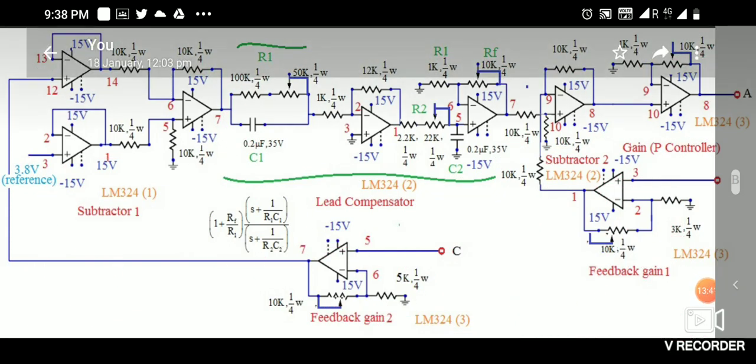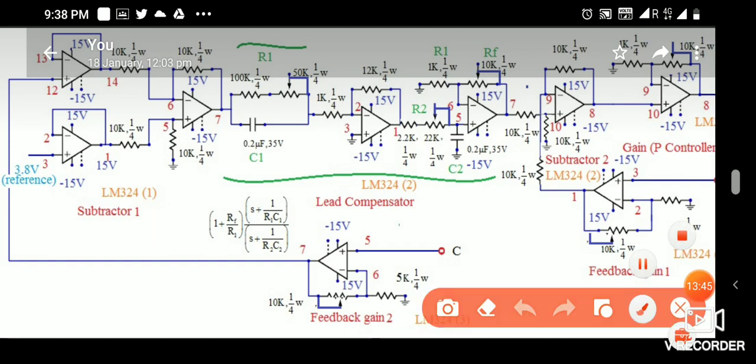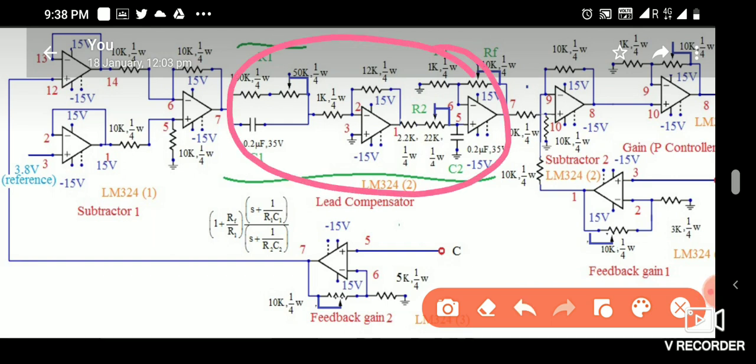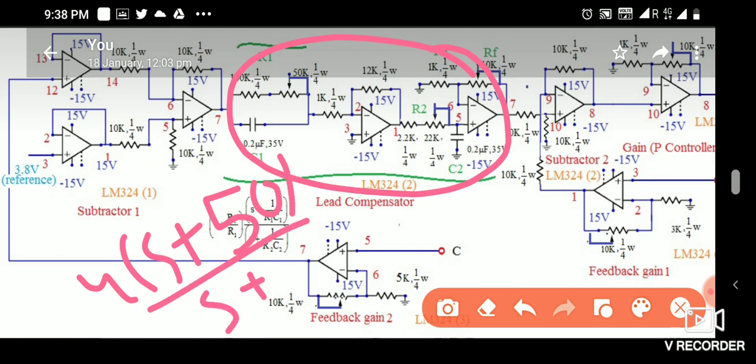Now I will tell you how. If you check the transfer function of this lead compensator, it came in MATLAB as 4 into s plus 45 by s plus 450, something like that.